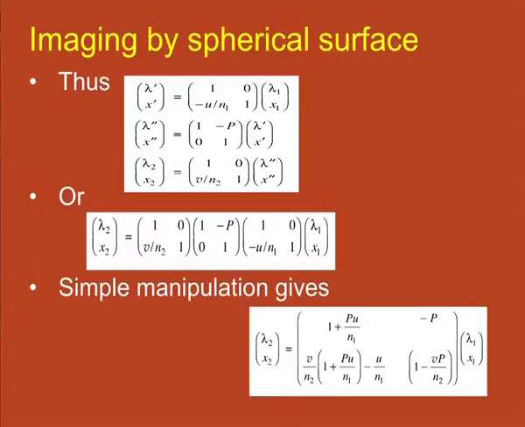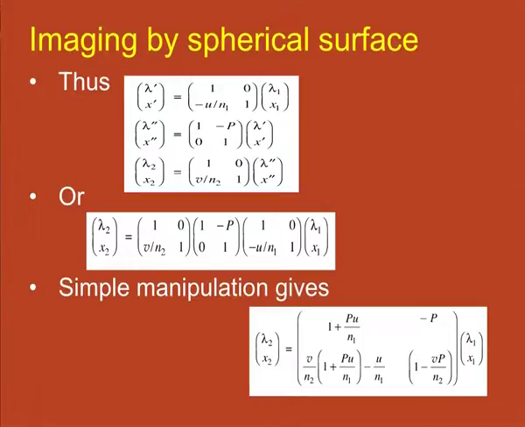The third expression is the column matrix of lambda 2 x2 equal to the multiplication of the matrix of 1 0 v by n2 1 with the column matrix of lambda double prime x double prime.